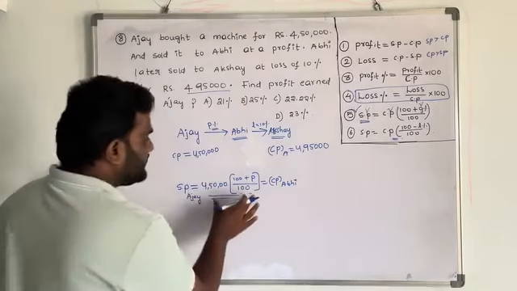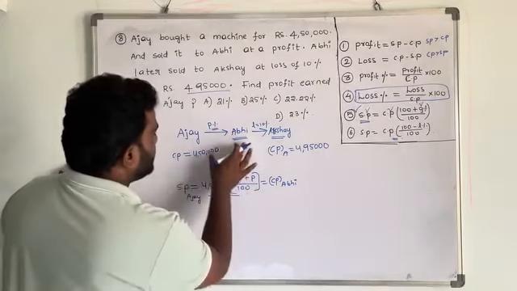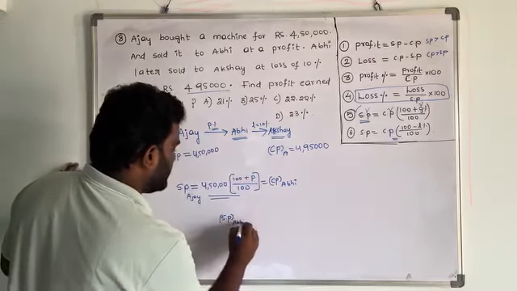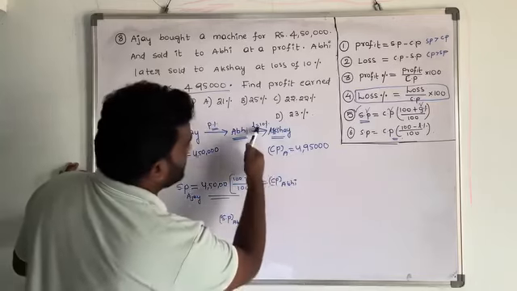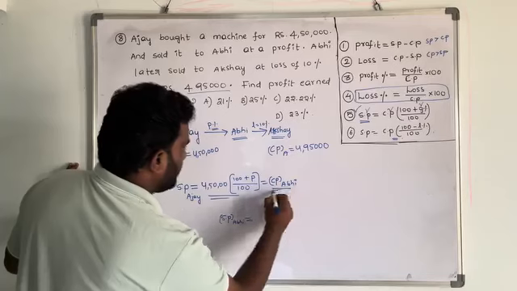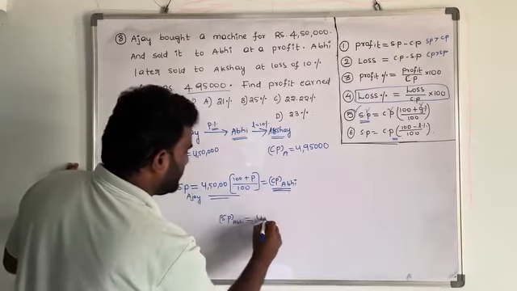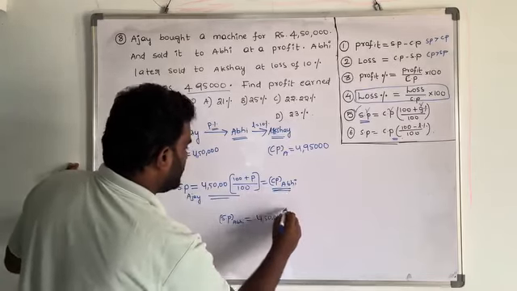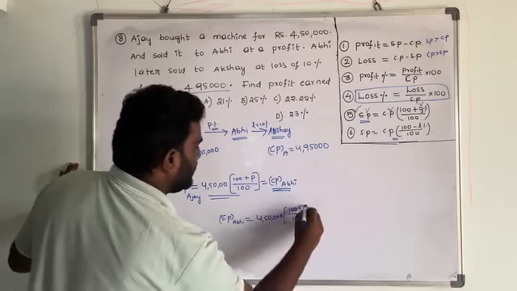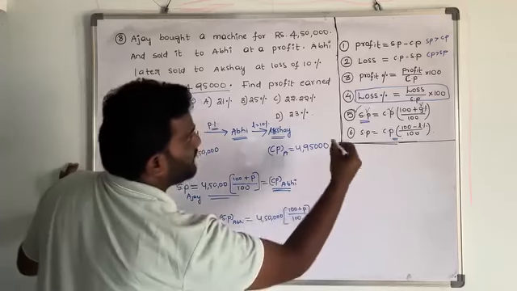Now using this cost price, find the selling price of Abhi. Selling price of Abhi is equal to, since the loss percentage is given, the 6th formula. Cost price of Abhi means 4,50,000 into 100 plus P by 100 into 100 minus loss percent.